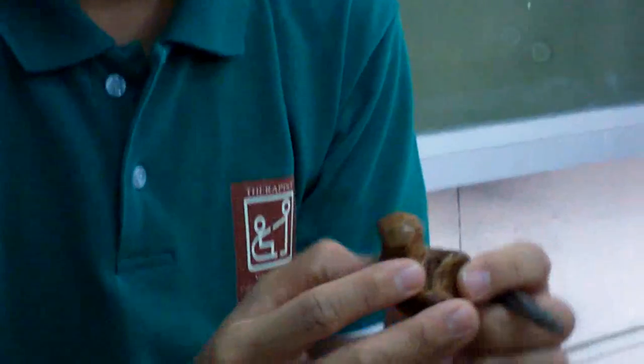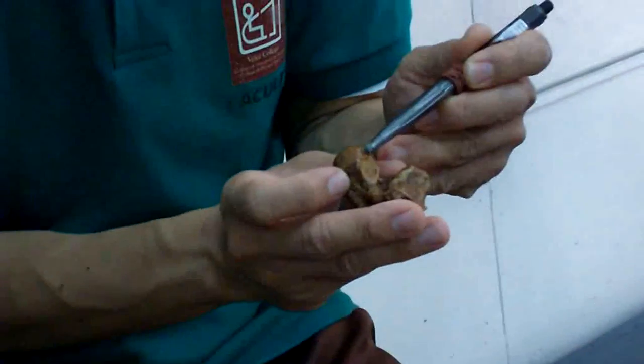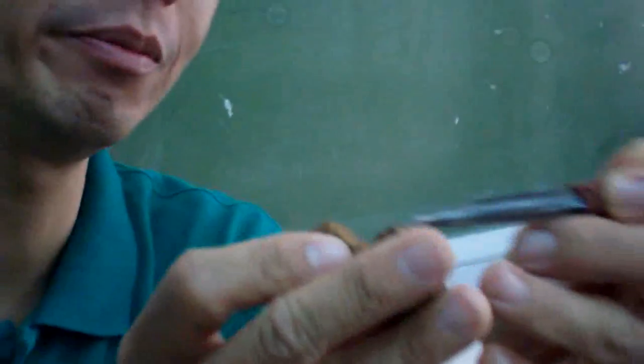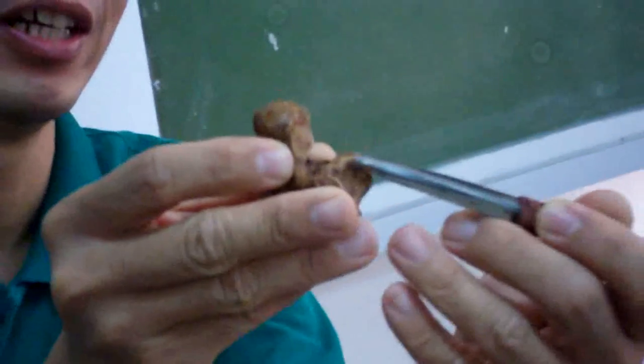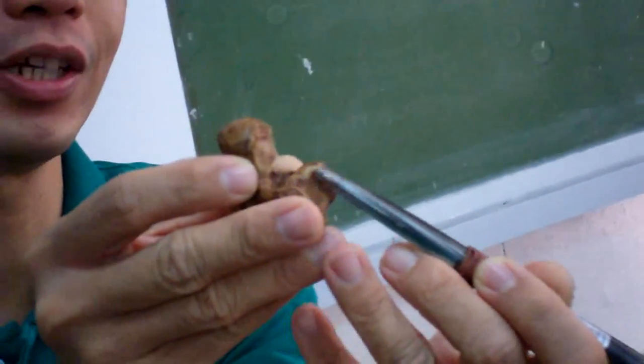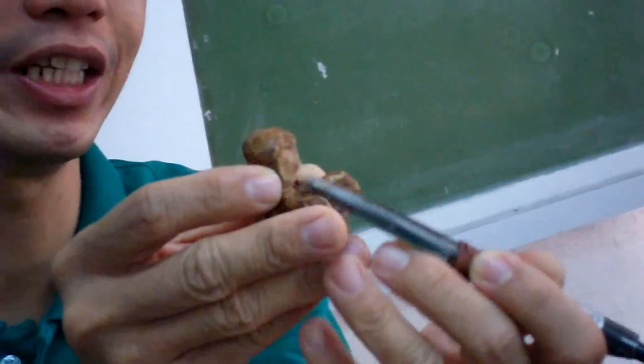Inferiorly, you have three facets for the calcaneus. This one would be the anterior articular facet for the calcaneus, this the middle articular facet, and this one the posterior articular facet for the calcaneus.